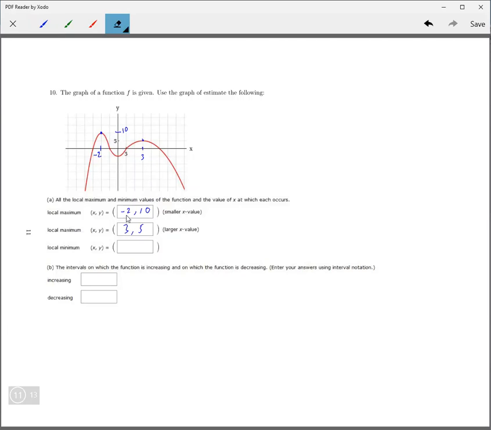Whoa. Hold on a second. I messed up on the x values. This is 5, which means this is 10, and that's 15, which means that this is negative 10. Okay, so that's negative 10, comma 10. This is 15, comma 5.